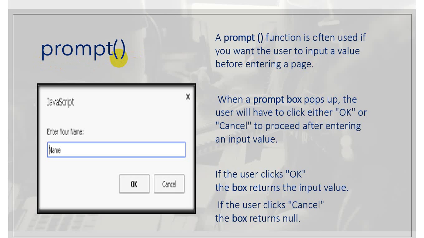Some programming languages say function, some say method, and some say both are the same. So there is no debate whether it is a function or a method. In our syllabus it is given as a function, so we will go with function only. If you find this opening and closing bracket, you will say that this is a function, and the name of that is prompt.